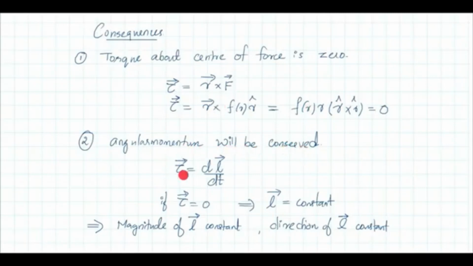Because according to Newton's second law, torque is the rate of change of angular momentum. And the important point is that this is a vector equation. So dL by dt equal to 0 means L is a constant. That is, the magnitude of L is constant and the direction of L is also constant. This vector L is a constant, so magnitude as well as direction will be constant.